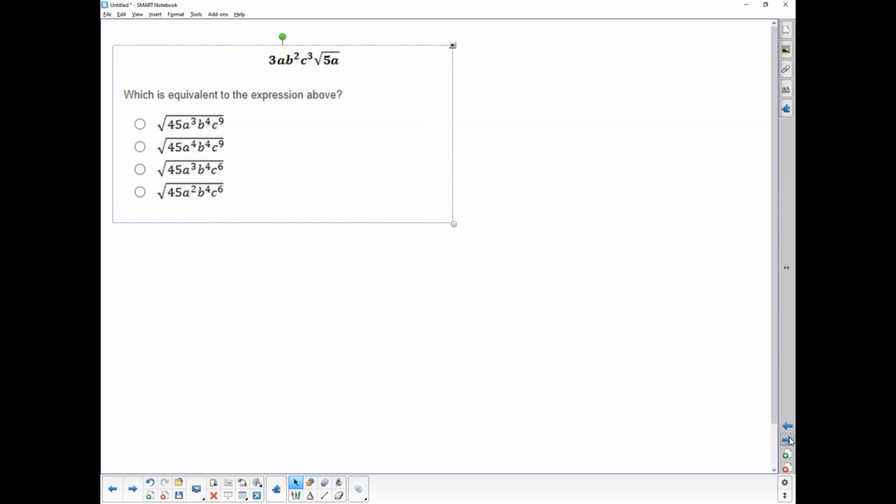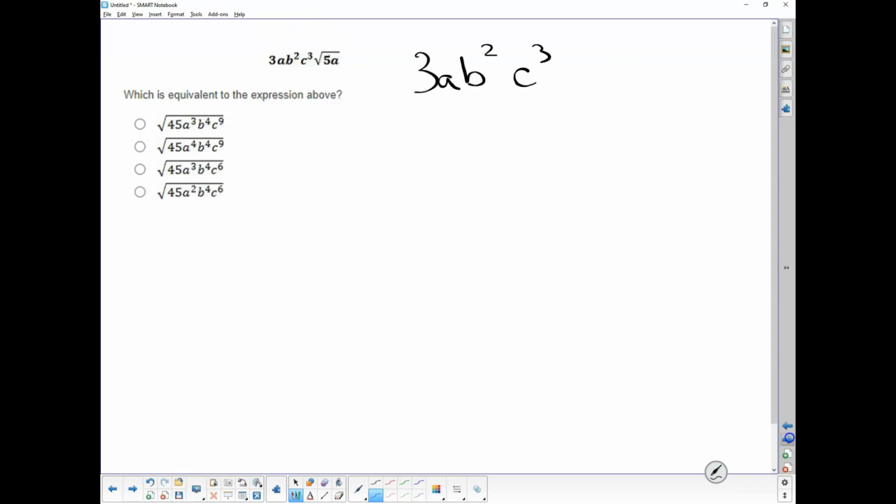Now, next problem. So it says, which is equivalent to the expression above? Okay. So what I want to do is figure out which one of these is equal to my original expression. So I'm going to write down the original expression, 3ab squared c cubed, all of that times square root of 5a.